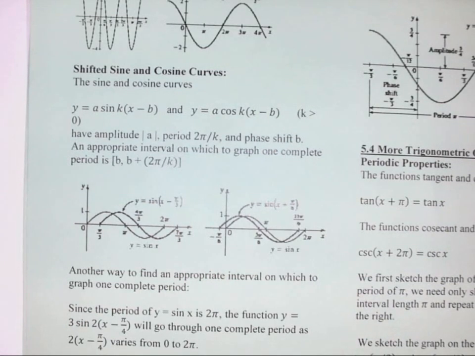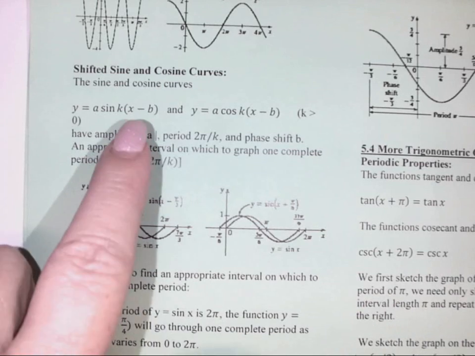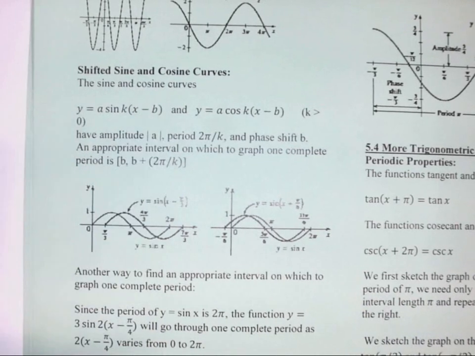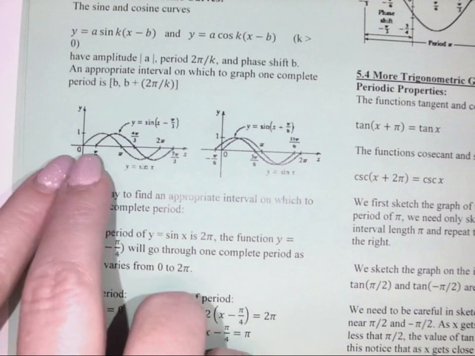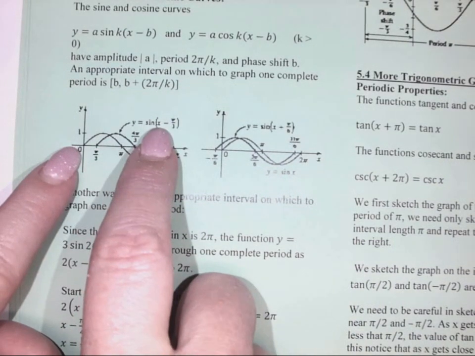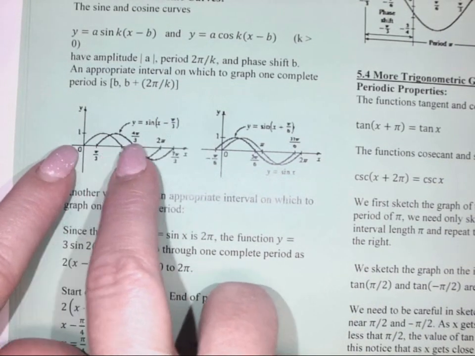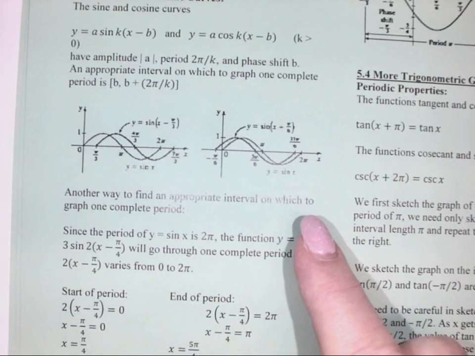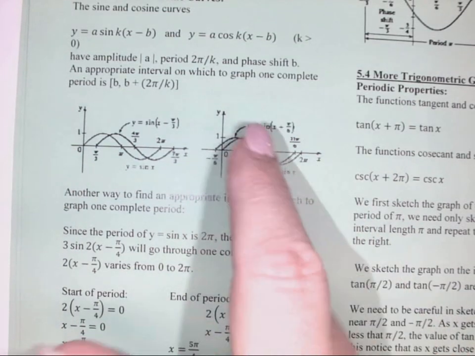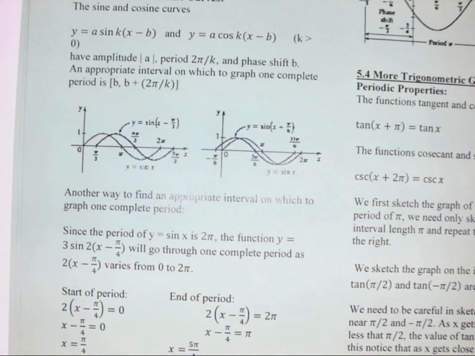So it's going to be just like it was in college algebra. If you see a minus b, it's going to go to the right. And if you see a plus b, it'll go to the left. And we can kind of see that here. This is minus pi over 3, so the graph shifted this way. A plus part here shifted our graph that way.